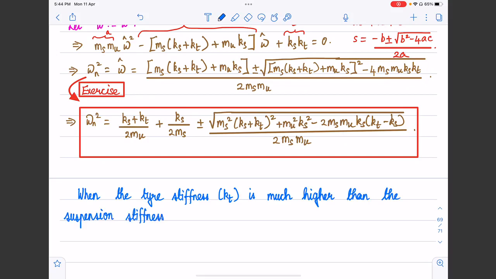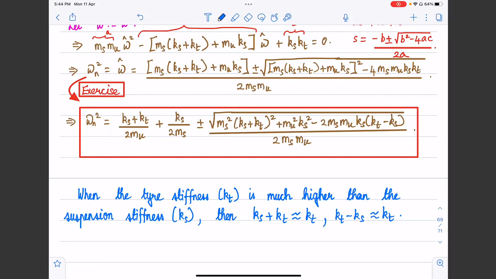The following simplification happens. Ks plus Kt becomes almost equal to Kt, and Kt minus Ks also becomes almost equal to Kt. That's the simplification we get.